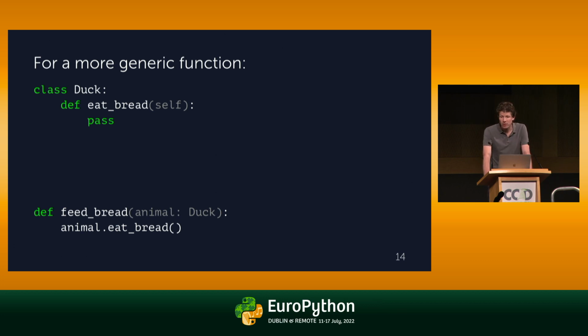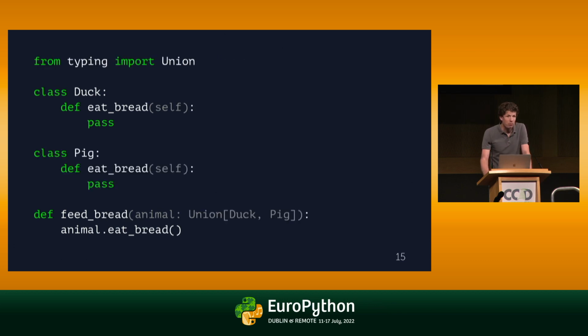Now for a much more generic function. So again, we have this class Duck, and the duck can eat bread. And now we have a much more generic function that can feed bread to any animal. And in this case, we specify that this animal must be of type Duck. That's cool. But now suppose that there's yet another animal, maybe a Pig. And a pig can also eat bread.